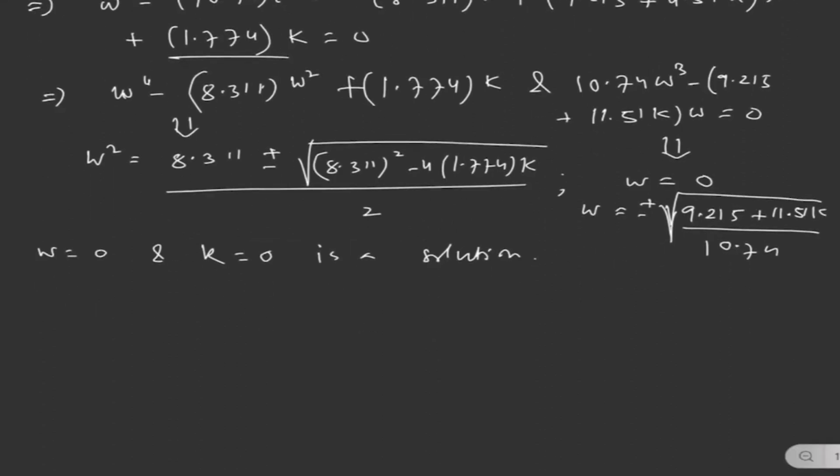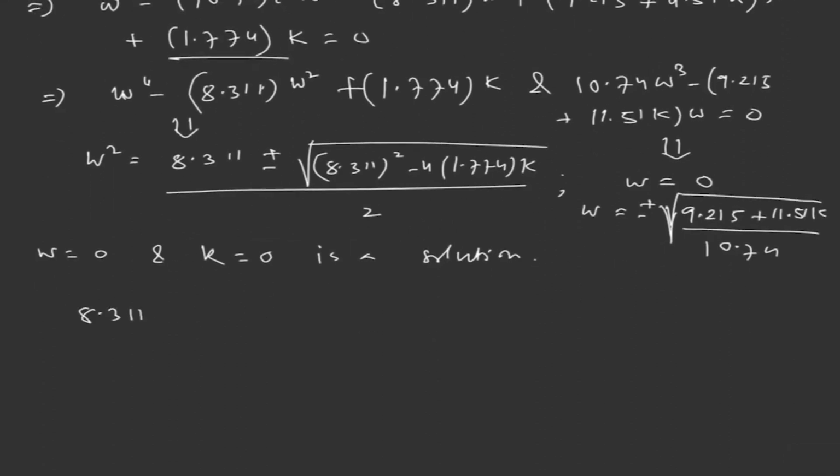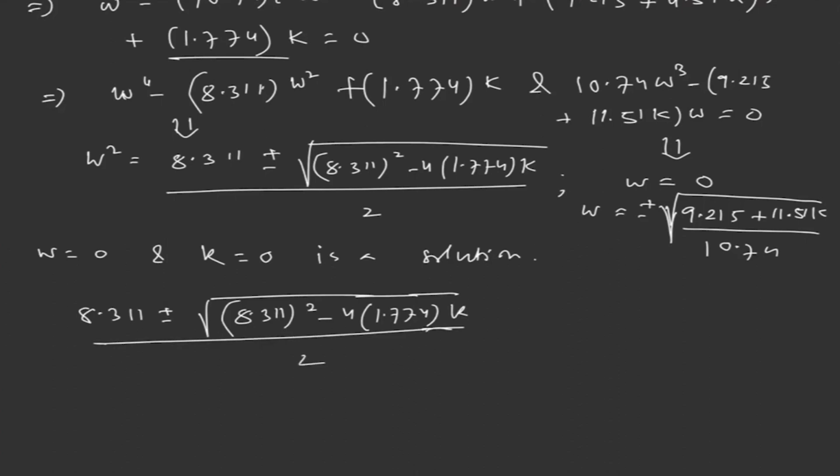Again, we can write 8.311 plus minus root over 8.311 square minus 4 into 1.774 K, divided by 2, equal to 9.215 plus 11.51 K divided by 10.74.